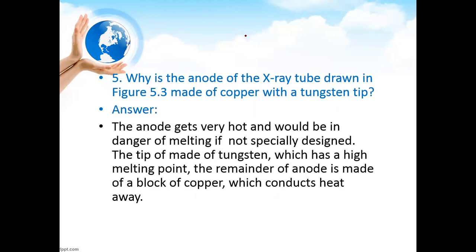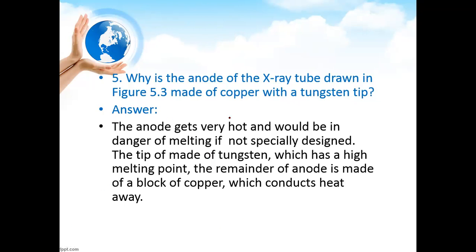The reason is, remember that the anode gets very hot easily. Because when you heat the heater, the electrons escape from the cathode to the anode, and when they escape, they go with kinetic energy.